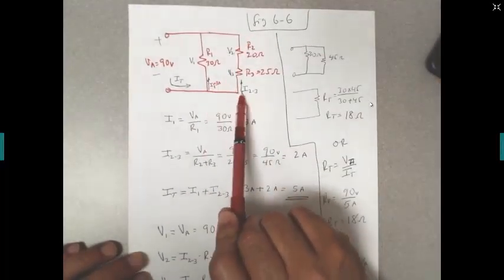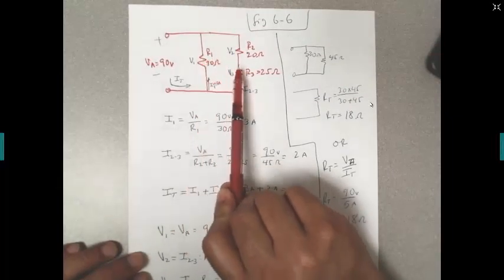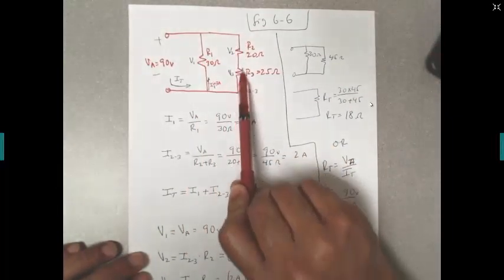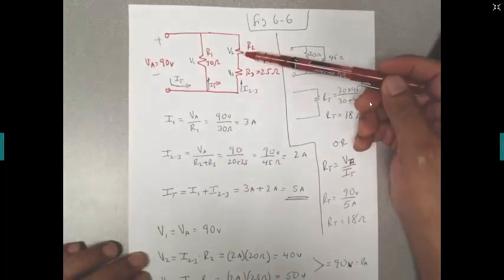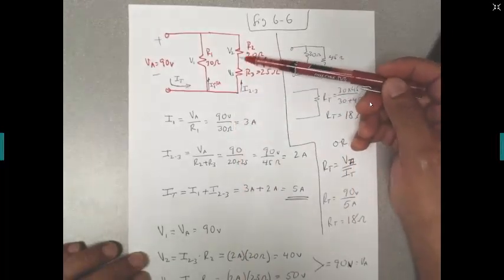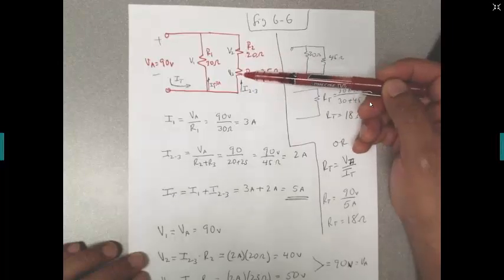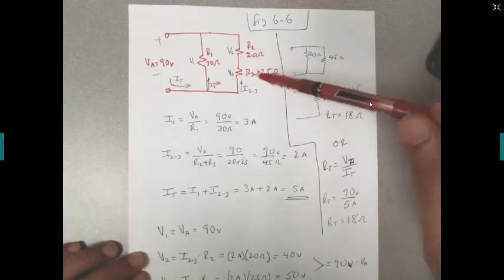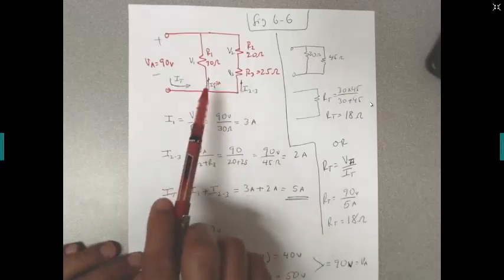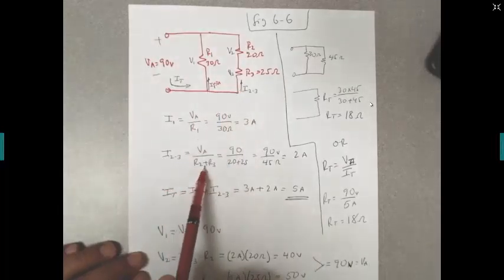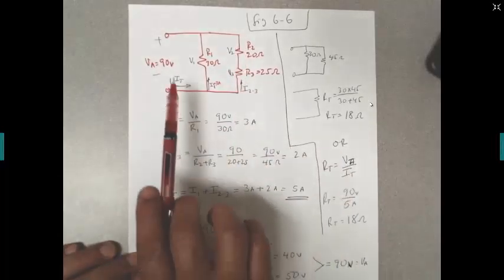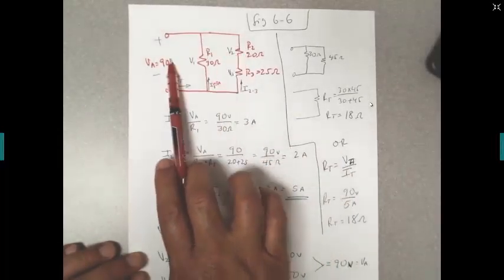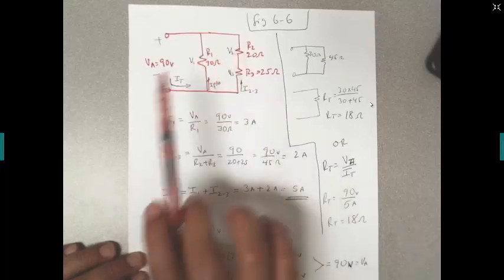Now what about the second branch? They're connected in parallel, so the voltage is the same in both of them. So there's 90 volts across this branch as well, right? However, these two resistors are connected in series here, so I can just add them up. R2 plus R3 is the total resistance on this branch, and the voltage is the same as the applied voltage, which is the same as the voltage on the other branch.